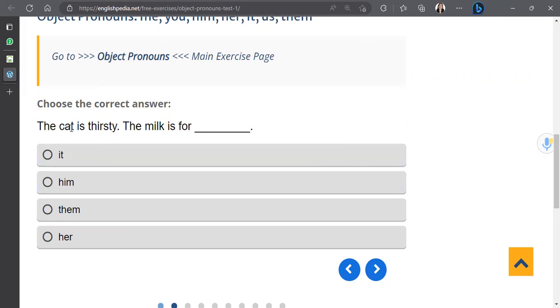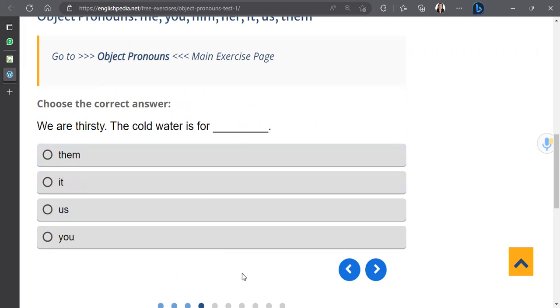Next one. The cat is thirsty. The milk is for it. Next one. We are going to the cinema. Would you like to join? Us. Excellent.